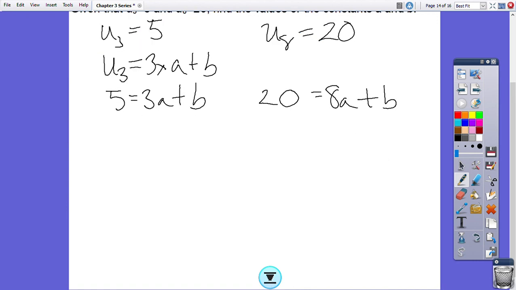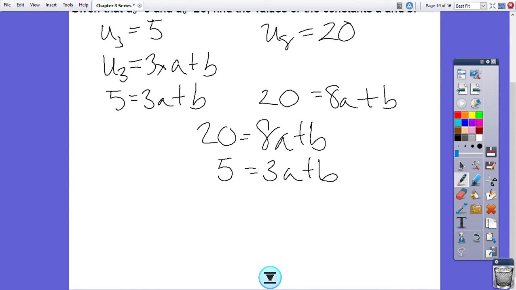What we're going to do is combine those two together, so we've got 20 equals 8A plus B and 5 equals 3A plus B.